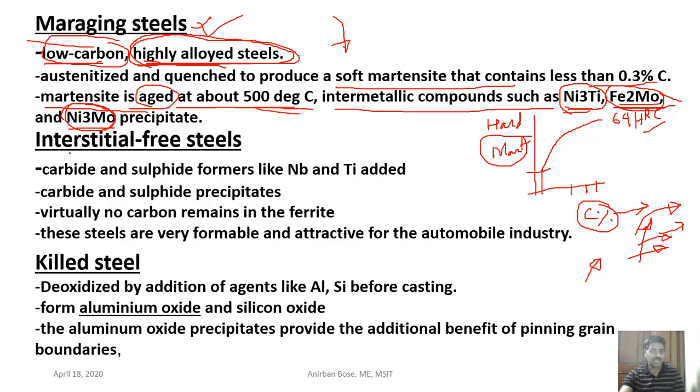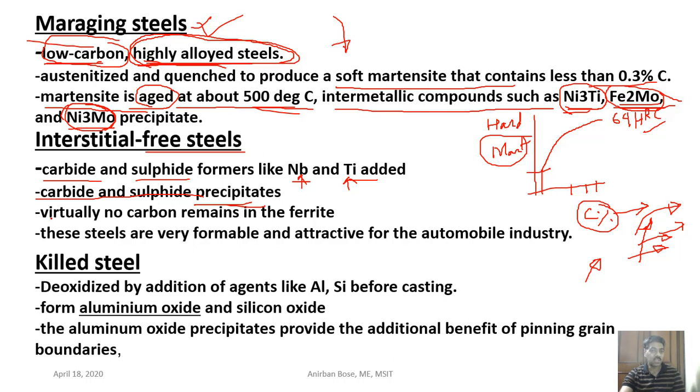Now interstitial free steel: these are basically carbide and sulfide formers like niobium and titanium that are added in the steel. Then they will form carbide and sulfide, which will precipitate, and because of this the carbon that is present in the steel will be taken up by the niobium or the titanium.